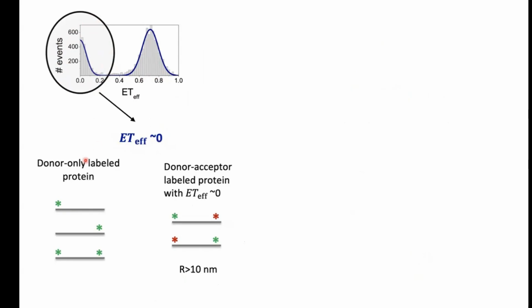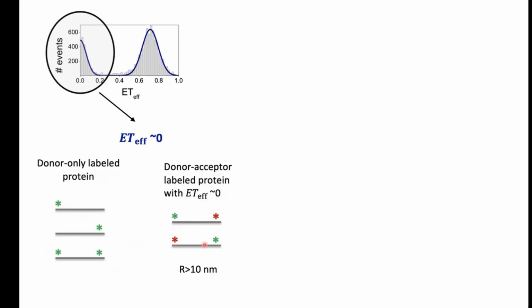Most of this peak comes from the donor-only labeled protein. It can have, for example, a donor at position 1, just 1, or 2, or just be double labeled with just the donor. As you don't have the acceptor here, of course, the FRET efficiency is 0. Or it can also be the donor-acceptor labeled protein, but with a FRET efficiency close to 0. So they are far apart.